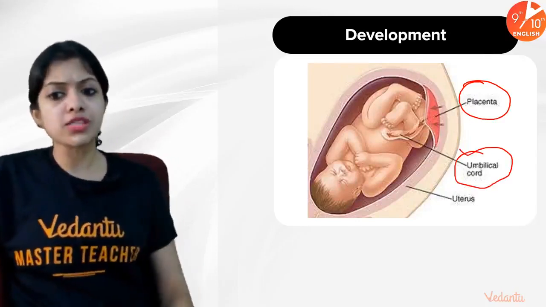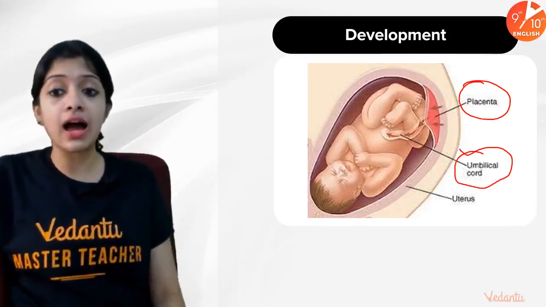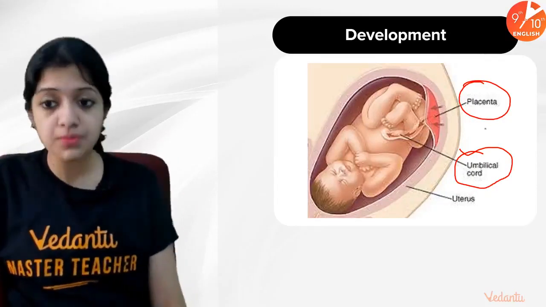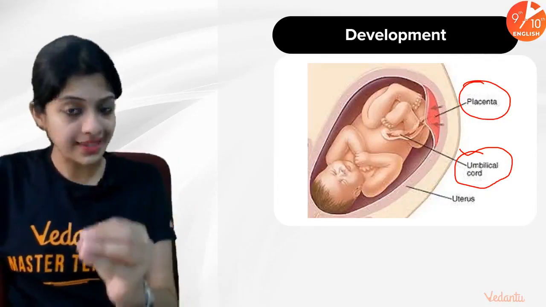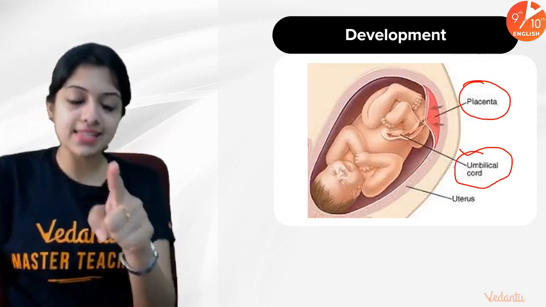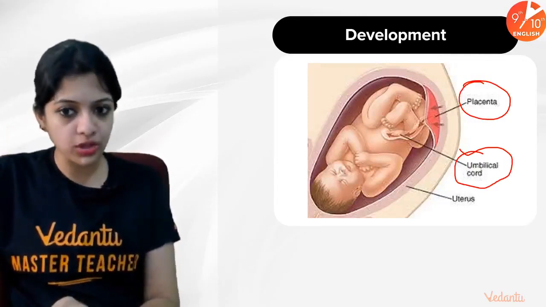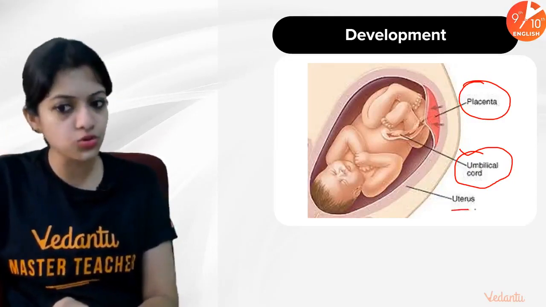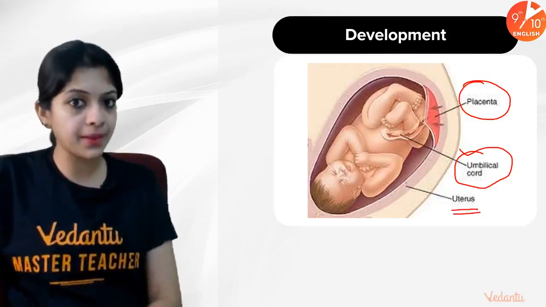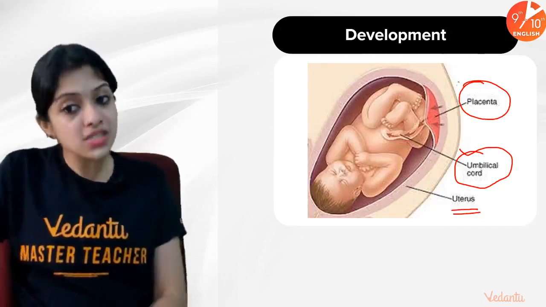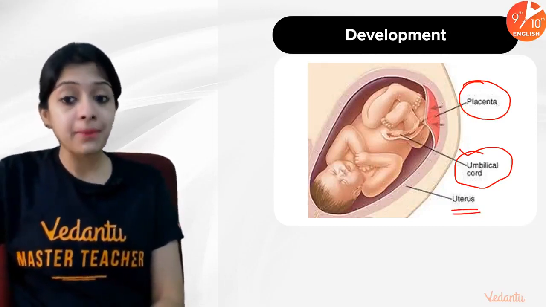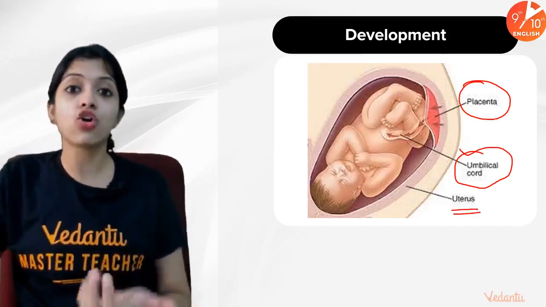There is a common misconception that umbilical cord and placenta are synonymous. They are not. Through the umbilical cord, placenta is connected to the baby's body. What you see around this purple sac is the uterus inside which the baby is developing.